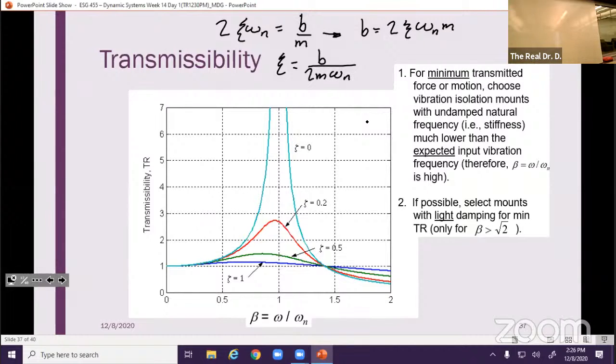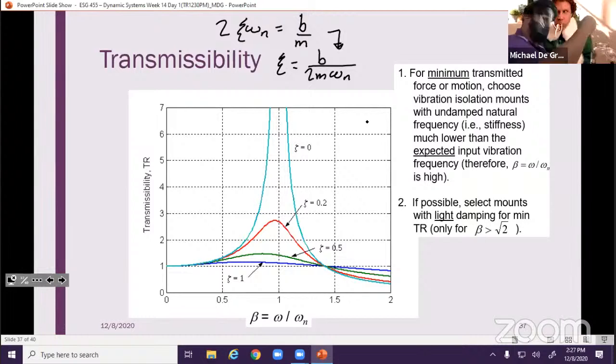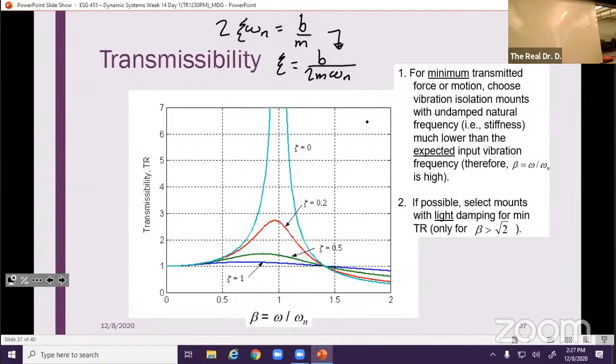If we wanted to minimize zeta, we would also have to minimize B. That is if we already know that beta is greater than root 2, which is what we should be shooting for, right? Because that's the only place that we can attenuate these vibrations.